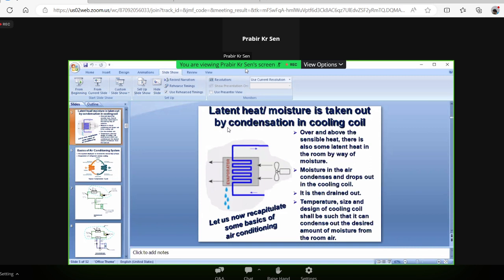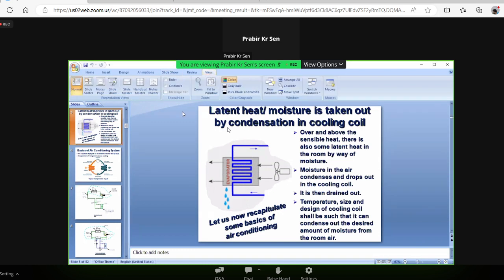Just a second. I got a chat. Please share the presentation. Can you not see the presentation? The presentation is visible, sir. Some people are saying that we should put it in full screen mode. There is some issue with full screen mode. Let me see if I can enlarge it.